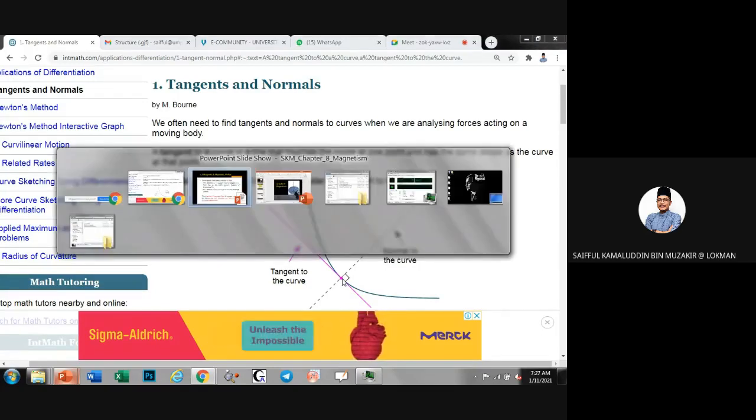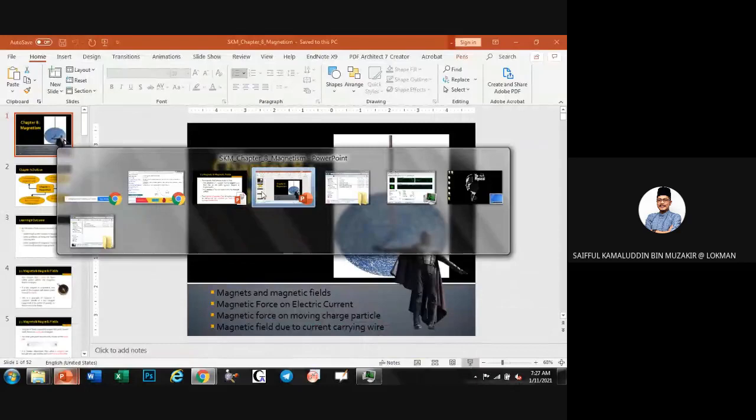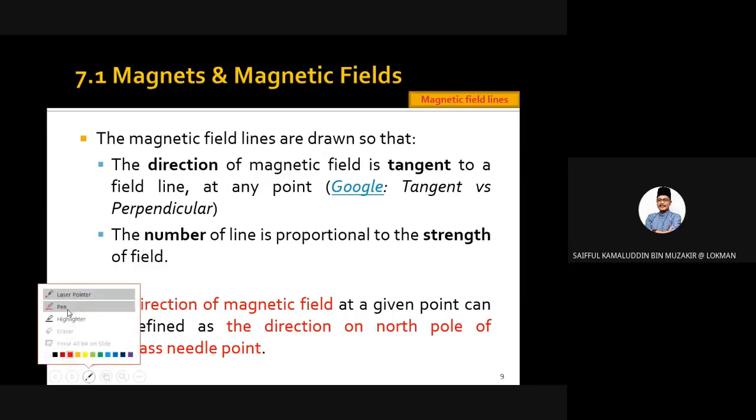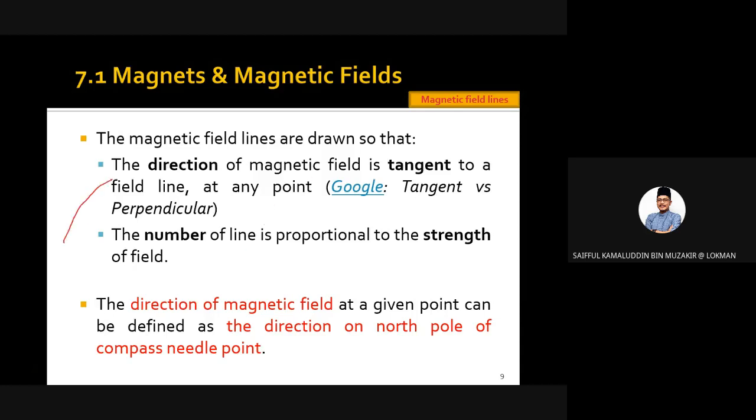So in our case, the direction of the magnetic field is tangent to a field line. What does it mean? It means that if we have a field line like this, and we put a compass over here, the compass will follow the direction of the magnetic field.